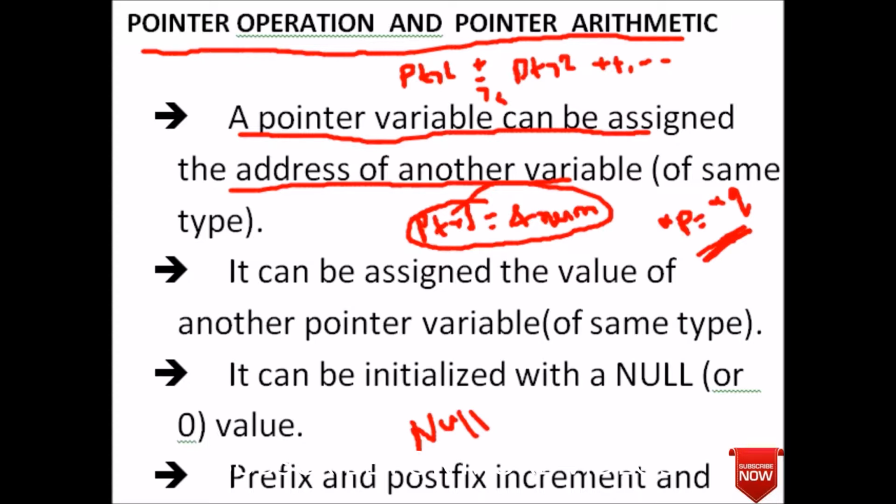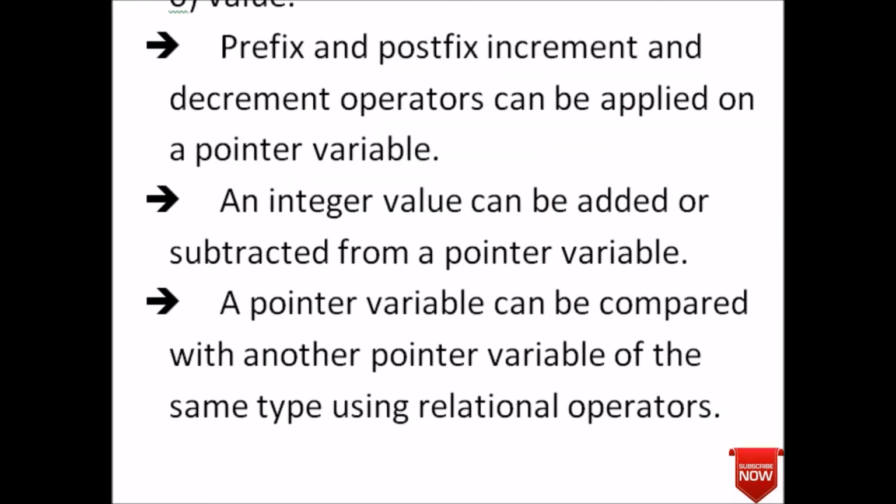So the next operation we have is postfix and prefix operation. Increment and decrement operators we can apply on a pointer. Suppose we have a pointer ptr, then we can apply the increment operator or decrement operator.